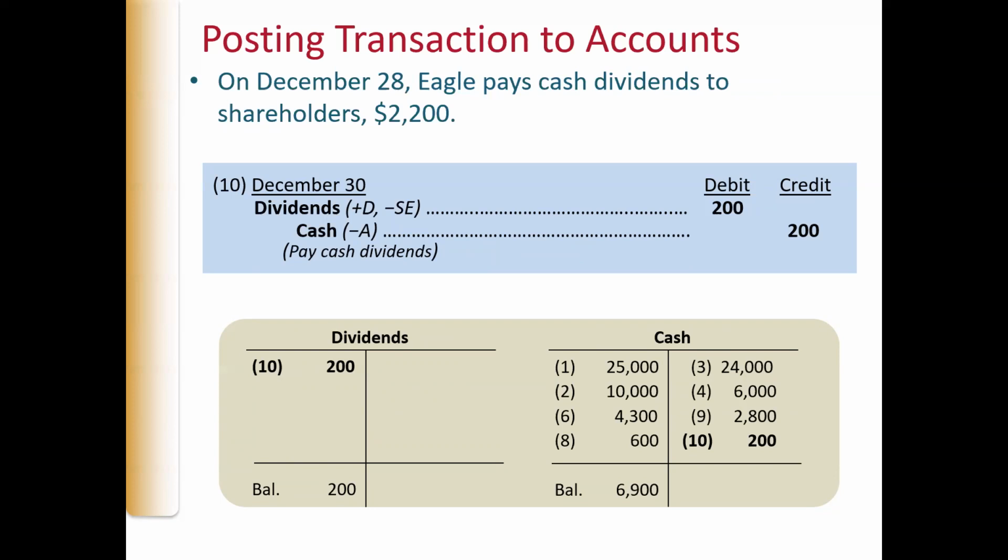We also know something about dividends, that they ultimately decrease our stockholders' equity. And to decrease stockholders' equity, we debit it. So that makes sense. Cash is decreasing. When we decrease an asset, we credit it, don't we?